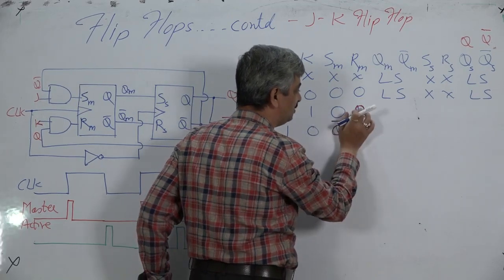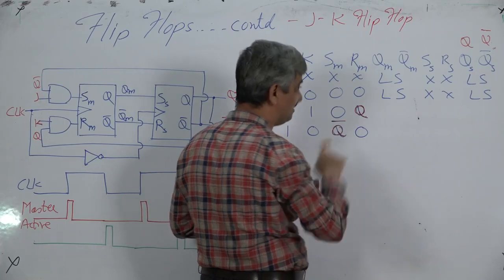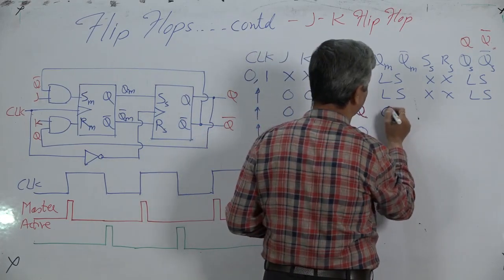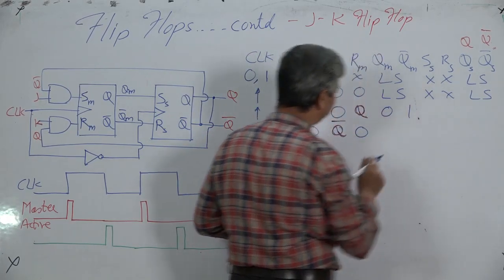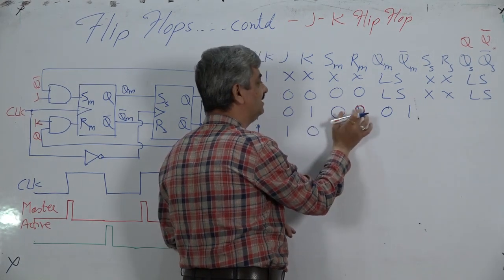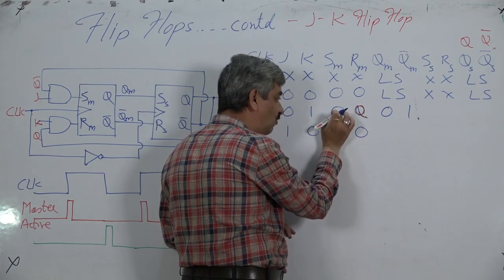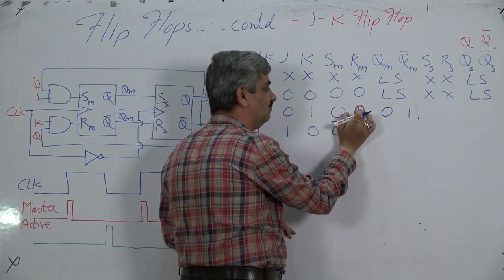So if 0 and 0, in that case last state is maintained, as we discussed last for single flip flop. If 0, 0 last state, if 0 and 1, then 0 and 1. S is 0, R is 0.